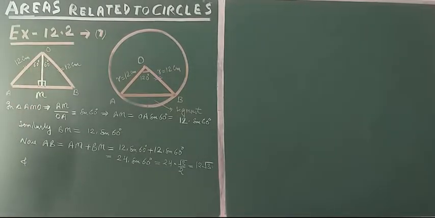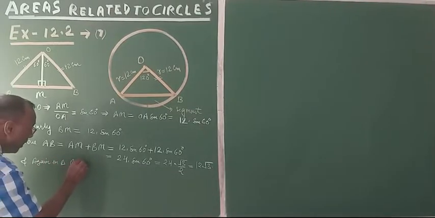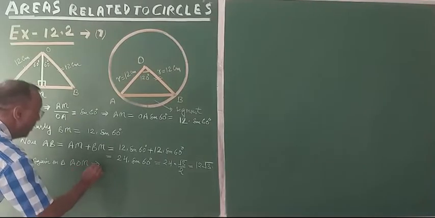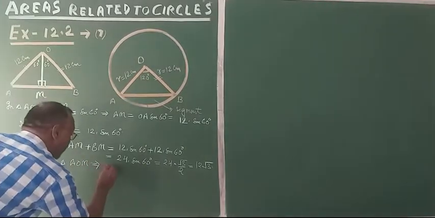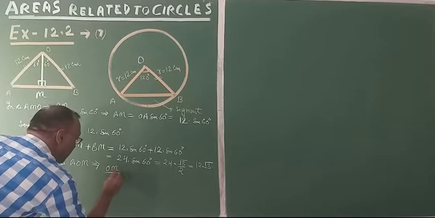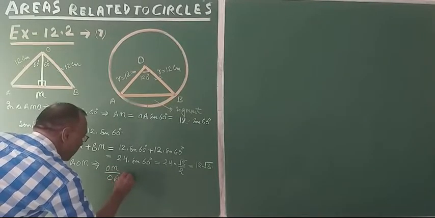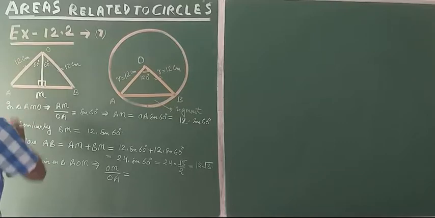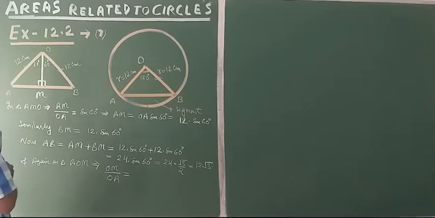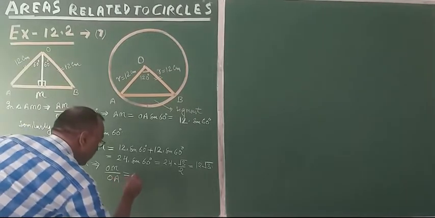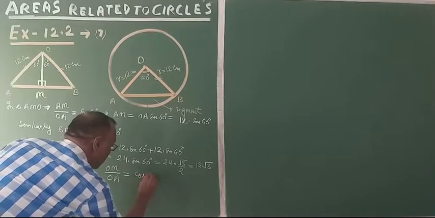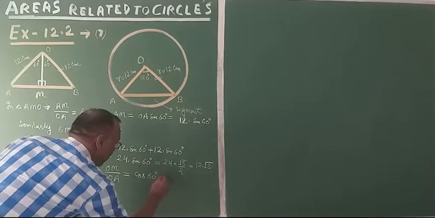And OM upon OA. Now, again in triangle AOM, what will happen? This OM upon OA, base upon hypotenuse, that is cos 60 degree.